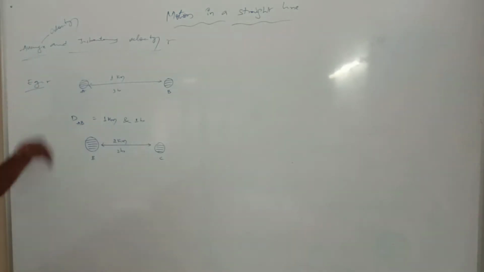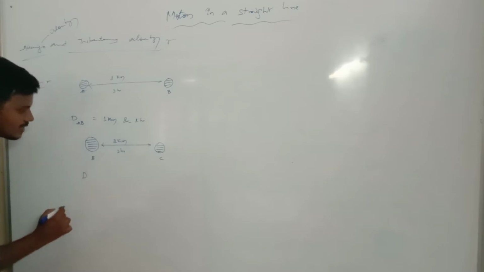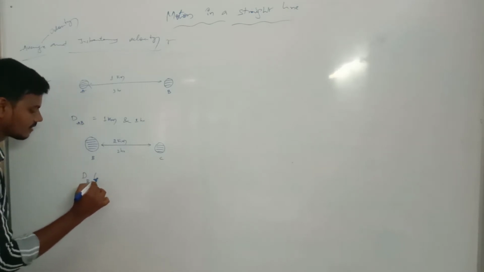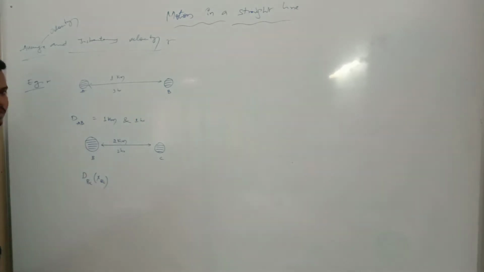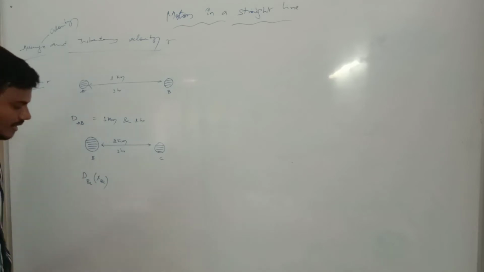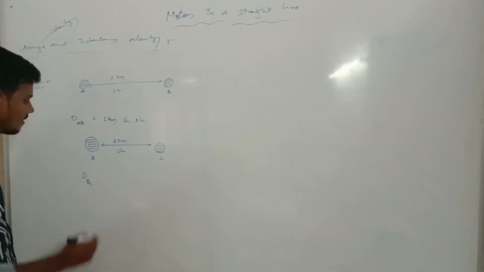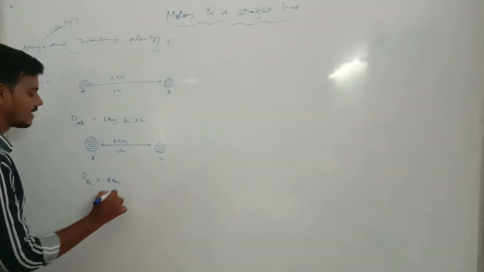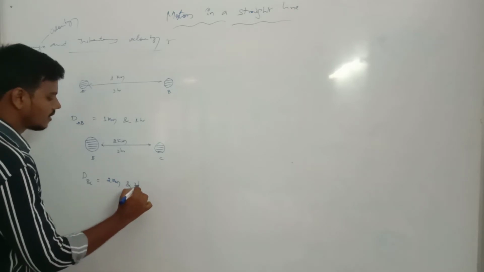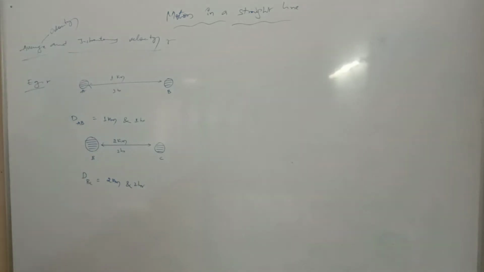Today we are discussing average and instantaneous; previously speed, now velocity. The displacement of B to C, x of BC, where x means the displacement, B is the initial position and C the final, is 2 kilometers of displacement and 2 hours of time.